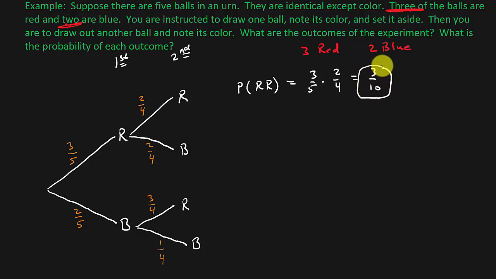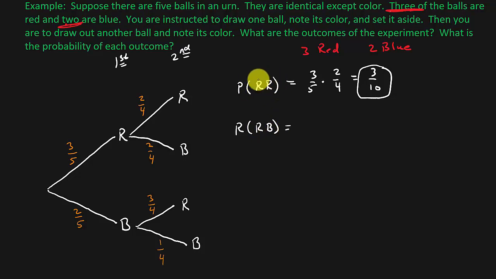Now remember, they want us to find the probability of each outcome. So we did the red, red. Now let's go red, blue. So the probability red and then a blue one. And I'm not writing all this out.